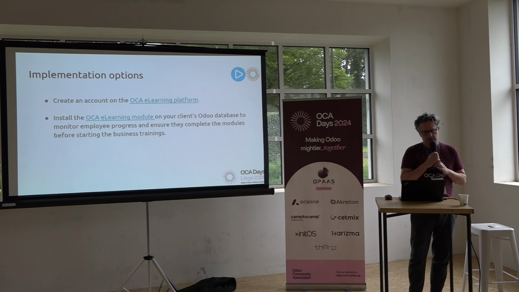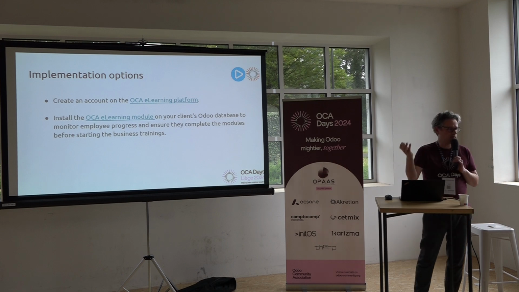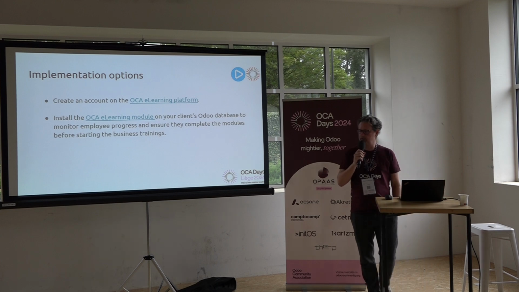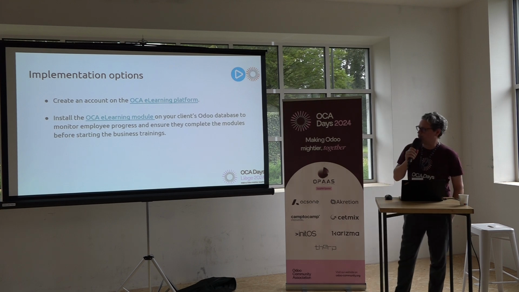So in order to implement this for your clients, there are two ways. Either you get the application and you install it within your Odoo client server, and then just train the project manager and explain to him how to get all of the users from the client to subscribe to the modules and make sure that they will all perform the two paths of this e-learning module.